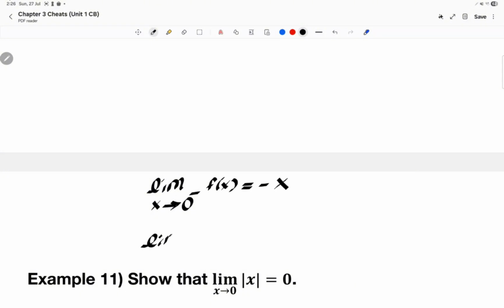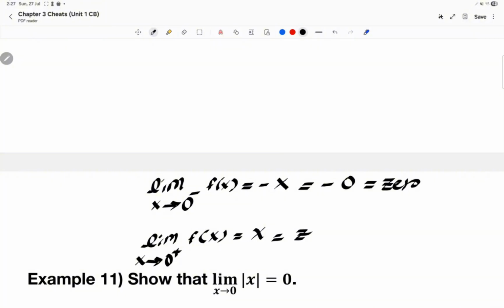As x approaches 0 from the right, you will do positive. We do have -0. Yeah, so it's just 0. So -0 is just a 0. So because they're the same, the limit is equal to 0. Okay?